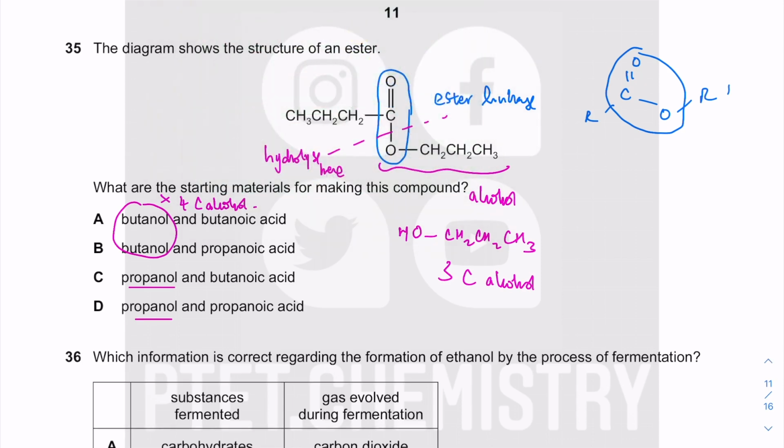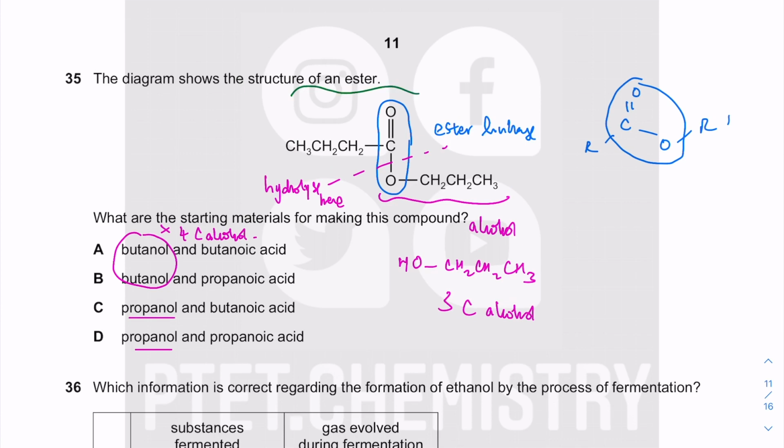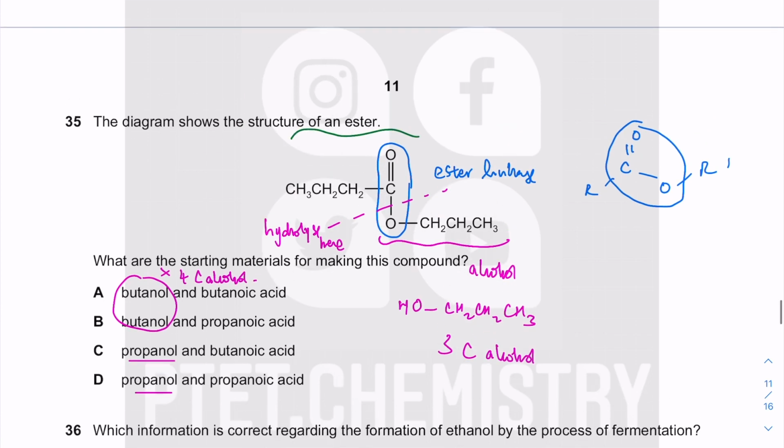Now let's have a look at the carboxylic acid. The carboxylic acid is the one that has the C double bond O. So it's CH3, CH2, CH2, COOH. That is essentially what you lose, because to form the ester, you're going to do condensation. You learn condensation polymerization to form polyester.